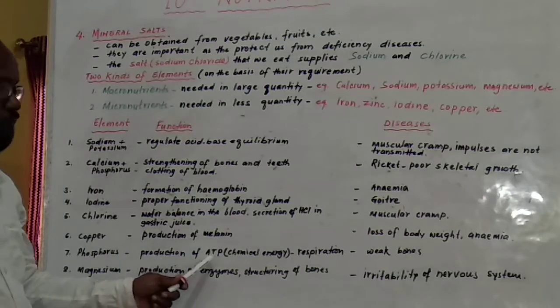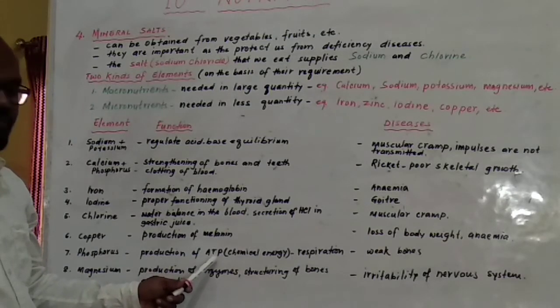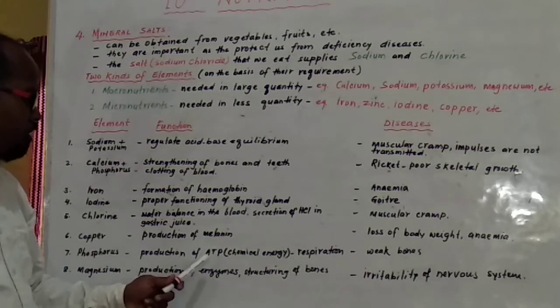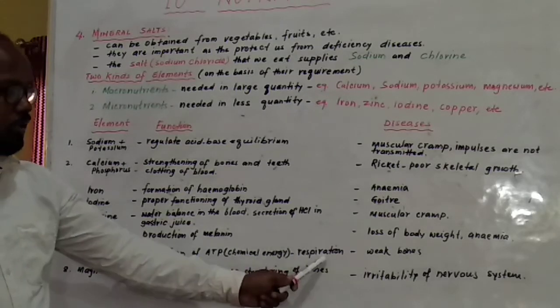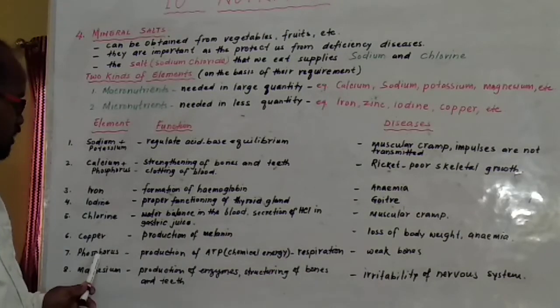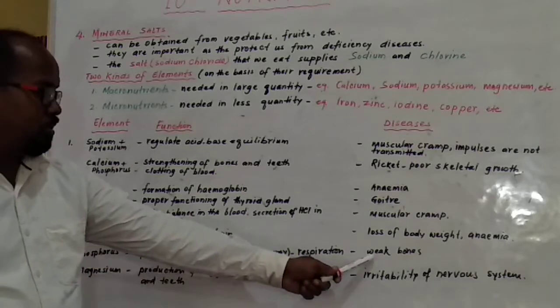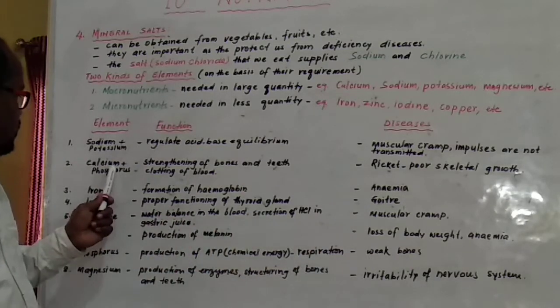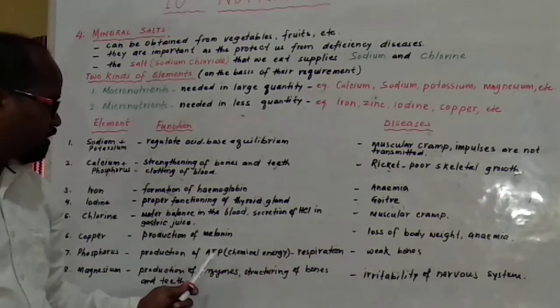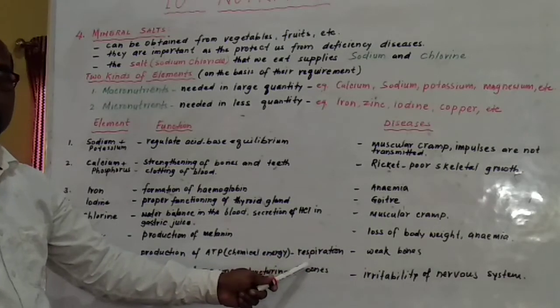Phosphorus is for production of ATP, adenosine triphosphate, a chemical energy during respiration. It helps to produce energy during respiration. In the absence of phosphorus, along with calcium, there are weak bones, and at the same time energy production will not be there.